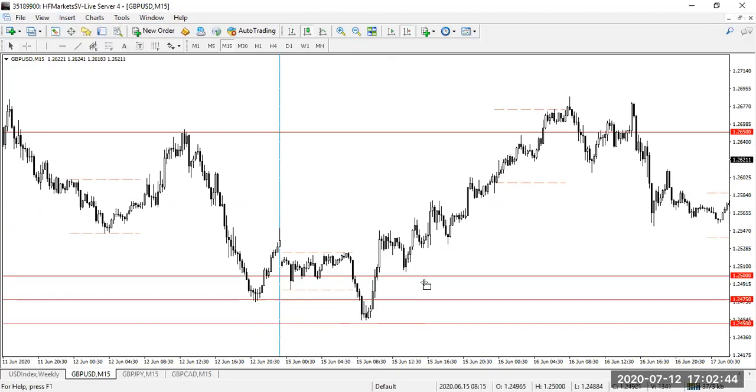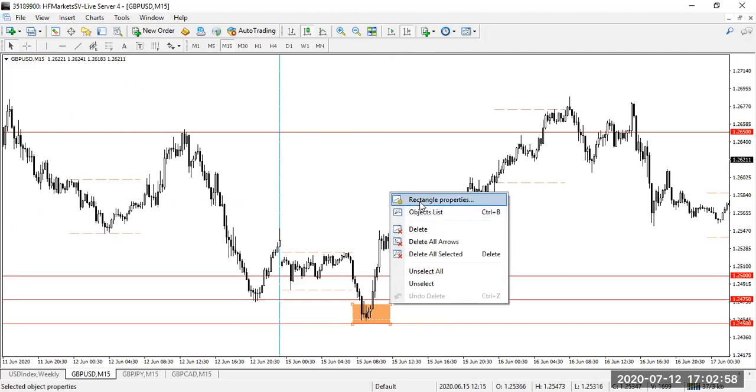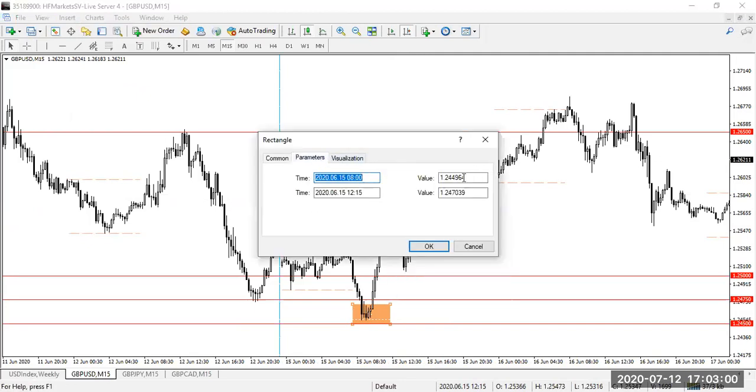For example, someone might have said that this is my price. I draw a box from this daily line up to this, 20 pips in. This was 24.5 to 24.7.